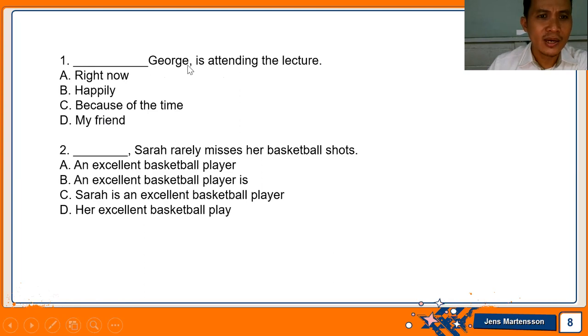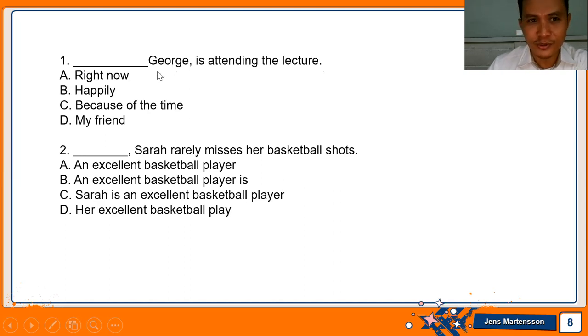Ini salah ini ya. Komanya nggak di sini harusnya. Komanya di sini ya. My friend, comma, George is attending the lecture. Or it can be my friend, comma, siapa sih my friend itu? Oh, George is attending. Jadi yang maksud di sini adalah my friend. My friend is attending the lecture. Siapa sih my friend itu? Oh, George.